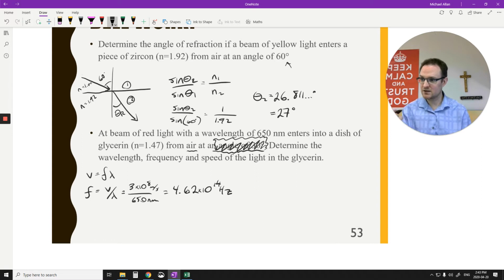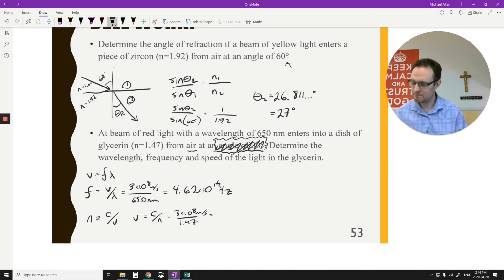Now I can use this frequency to find all the other pieces. Well, actually, I know the speed as well, so let's find the speed. One formula I can use to find the speed is the c over v formula, so speed is equal to c over n, which would be 3 times 10 to the 8 divided by 1.47.